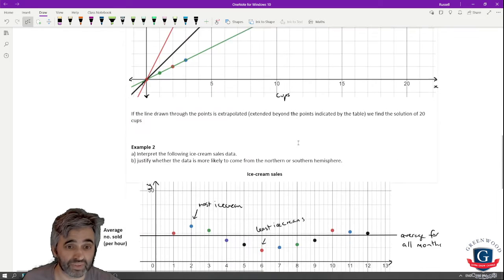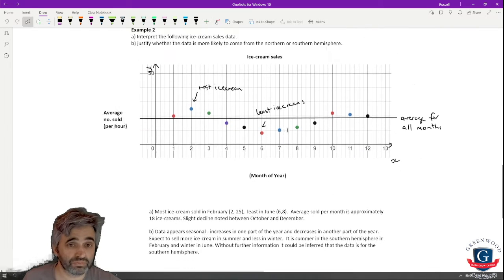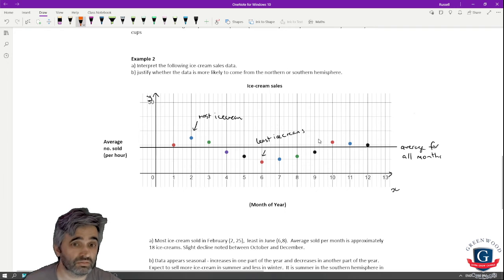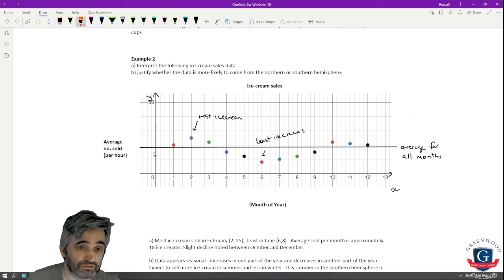Okay, so we have a solution for our first case, 5, 10, and 20, depending on how much we're charged. Now for example 2, we're interpreting some ice cream sales data. So in our ice cream sales data, in January we make this much per hour. Well, that's how many we sell per hour. Now if we look over here, 50s here, 0s here, each of these gradations is 10: 10, 20, 30, 40, 50.